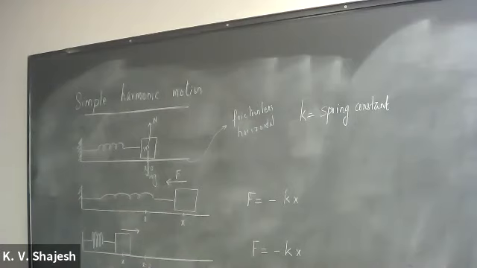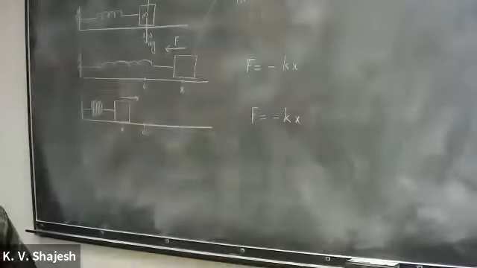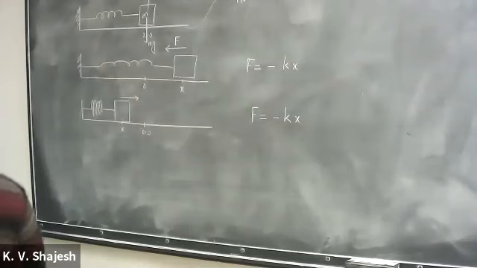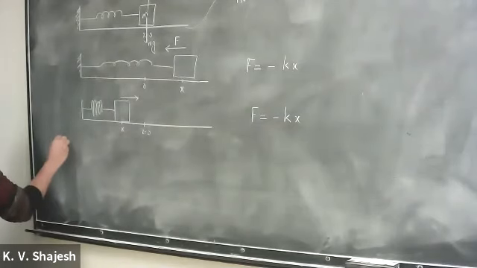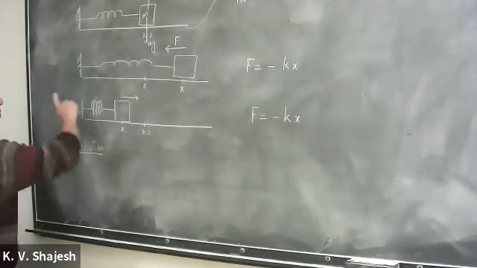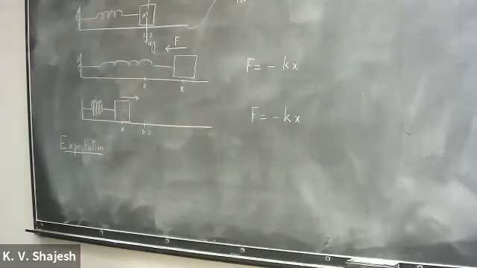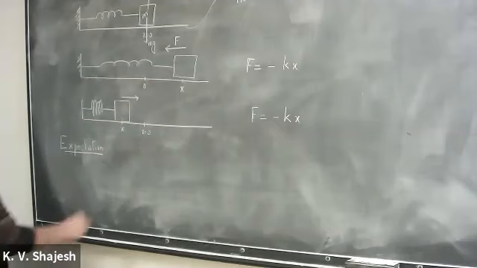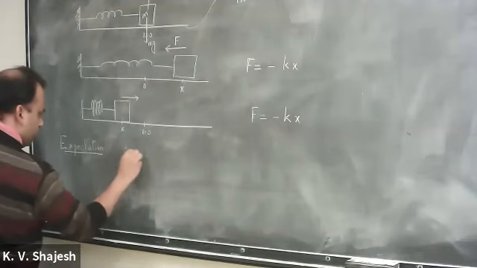So this to and fro behavior is what will be called oscillation, right? Simple harmonic motion. So let me define that. Intuitively, the expectation is that if you were to pull this mass out and release it, there will be a to and fro motion.